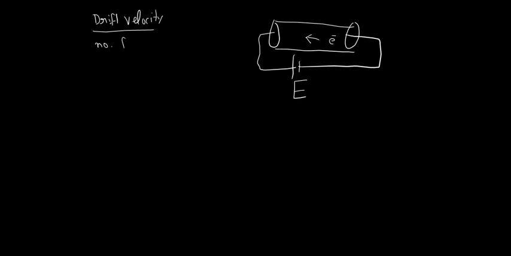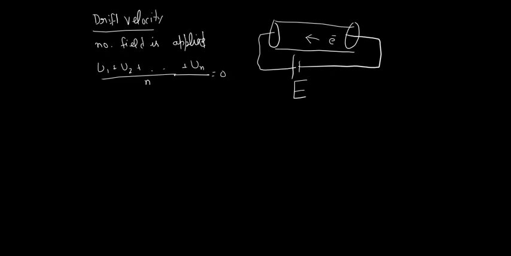in a conductor. Whenever no electric field is applied, meaning no cell is connected or no external potential is given to our conductor, then the electrons' average velocity will be 0, that is (u1 + u2 + ... + un)/n = 0. u1, u2, un are the initial velocities of electrons.